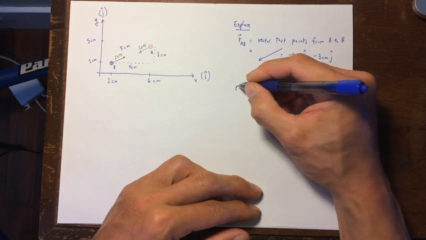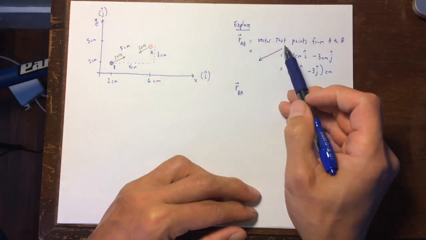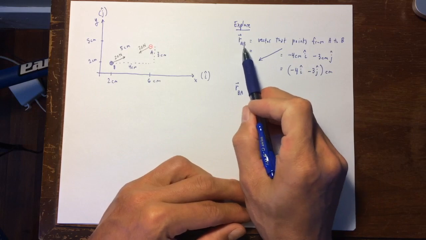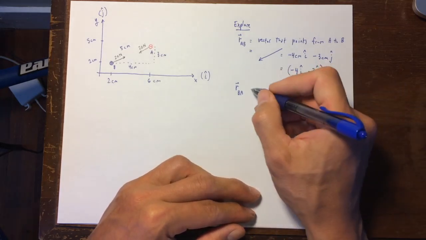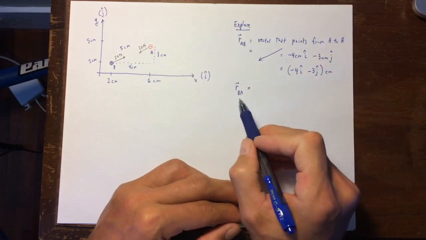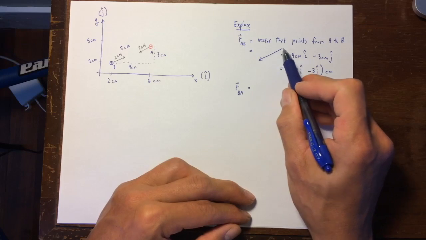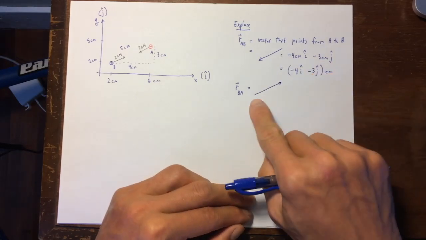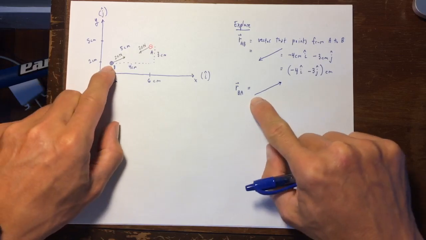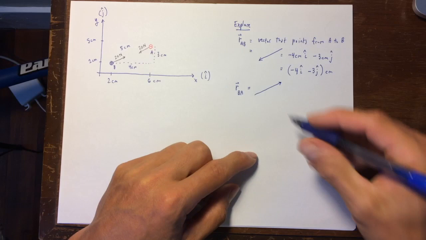What about the vector that points from B to A? Do you see this? The order of the indices here, the order of the labels, tells me which way. So the vector that points me from B to A is just the opposite of that vector. It's going to be the vector that does this instead. The tail sits at B, and it points up to A, right, to the head.